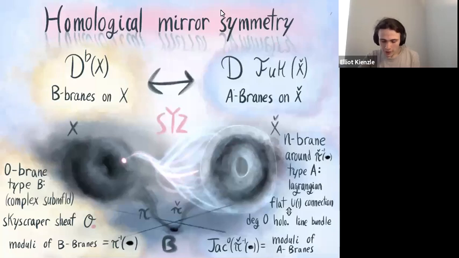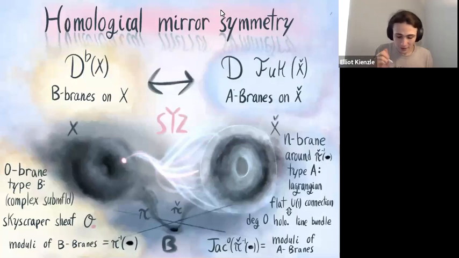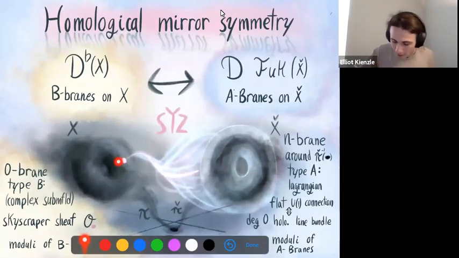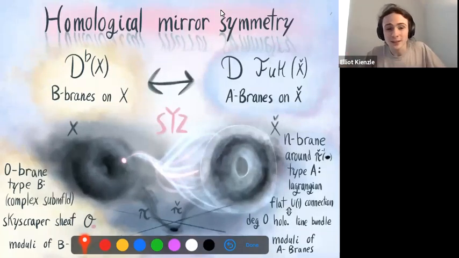So the moduli space of A-branes on this side is just the space of line bundles. What this means is, since mirror symmetry exchanges the moduli space of B-branes with that of A-branes, we have this duality between the points on this manifold, the points on this fiber, and the line bundles on the mirror fiber. That is, these are dual varieties, right? We basically recovered the statement that SYZ mirror symmetry has dual fibers.